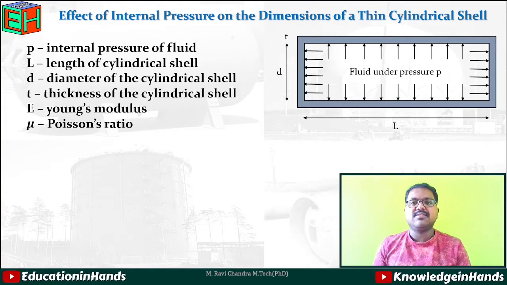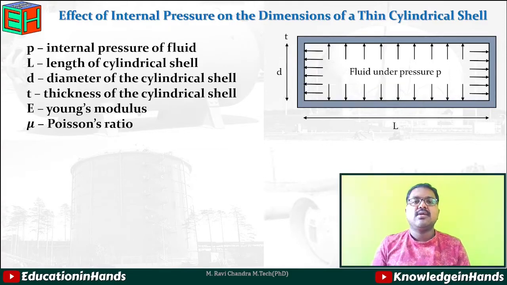Here, if we see the terminology, fluid internal pressure is taken as P, the length of the cylinder is L, the internal diameter of the cylindrical shell is small d, and its thickness is t. For the material properties, we take Young's modulus as E and Poisson's ratio as mu.